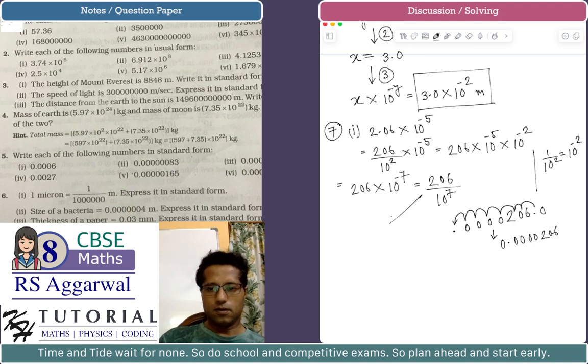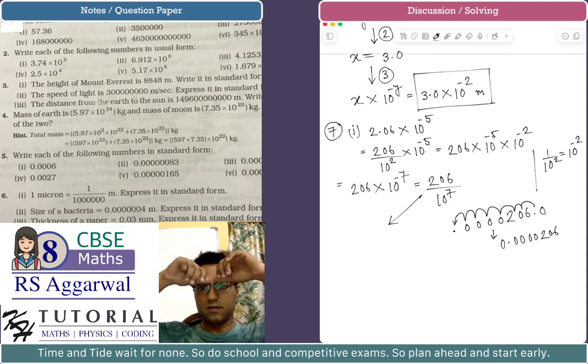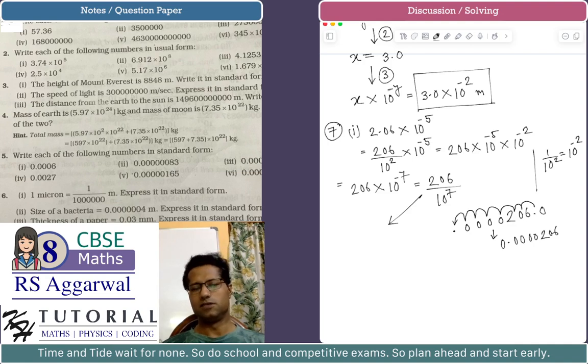So when you divide a decimal number by some power of 10, in this case 10 to the power 7, you just have to shift the decimal point in the number in the numerator 7 places to the left.